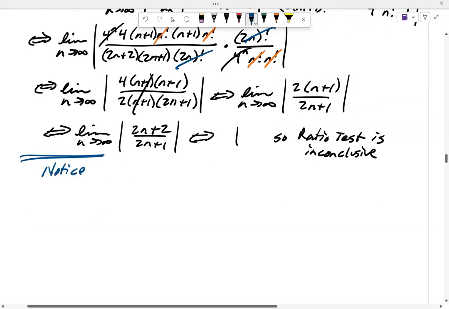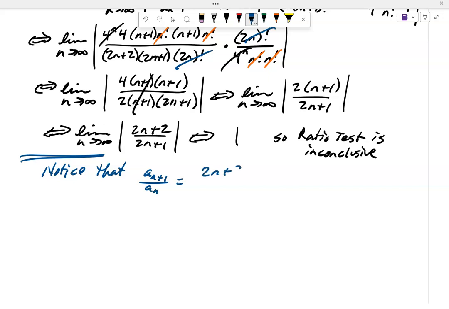Notice though that our a_(n+1) over a_n ratio was (2n+2) over (2n+1), which is always greater than 1.